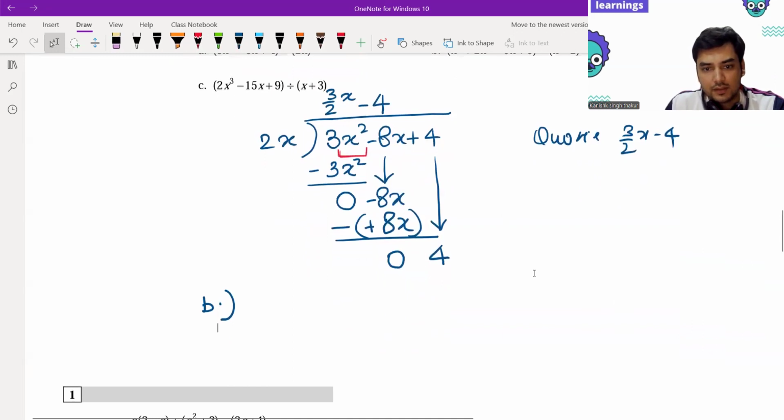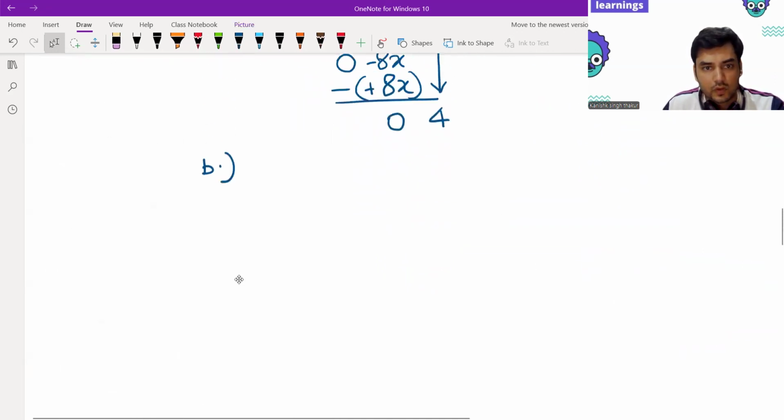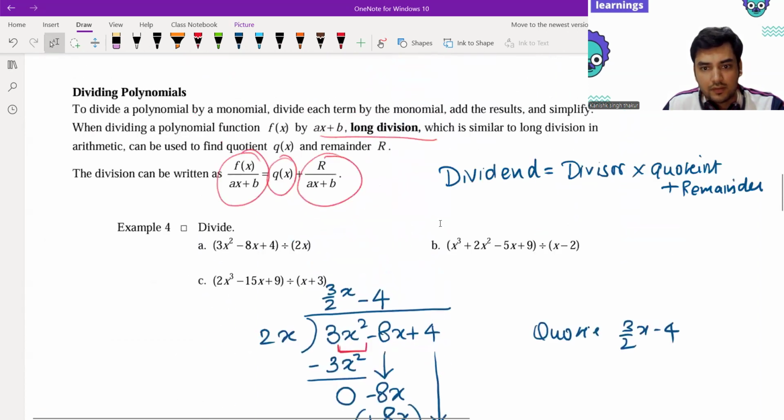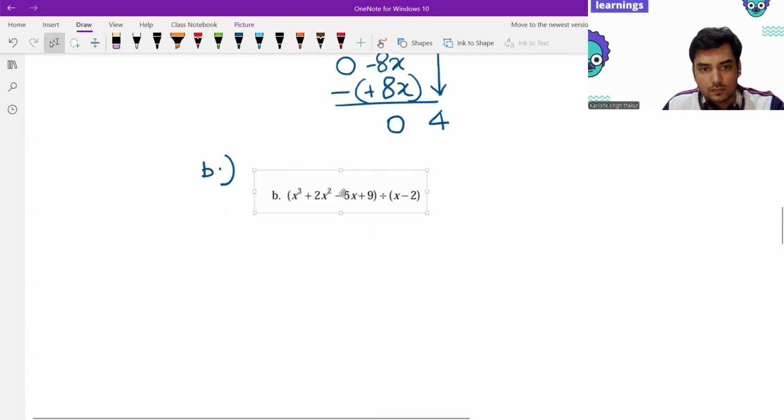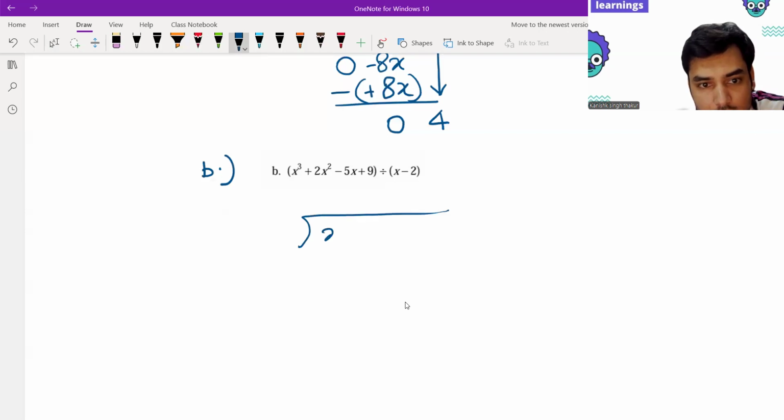The B part I have here is this: x cube plus 2x square minus 5x plus 9, divided by x minus 2.